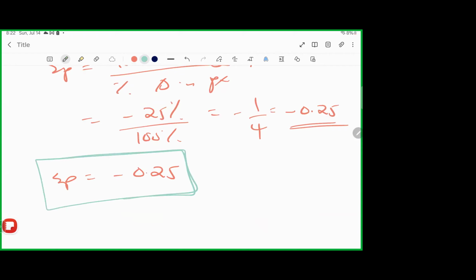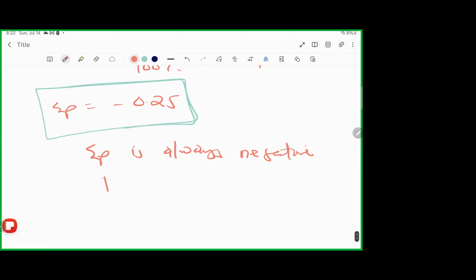You will realize that price elasticity of demand is always negative, which means that the price elasticity of demand is always less than 0.